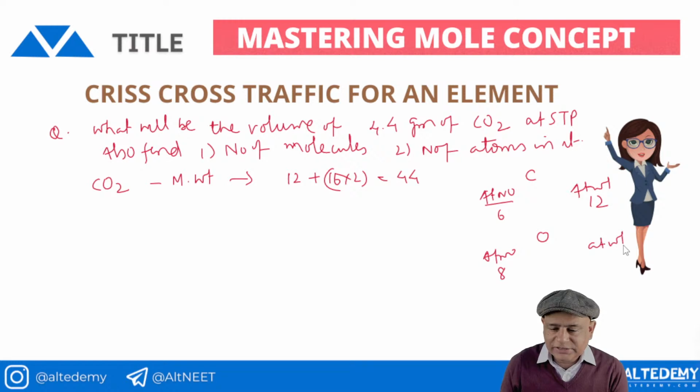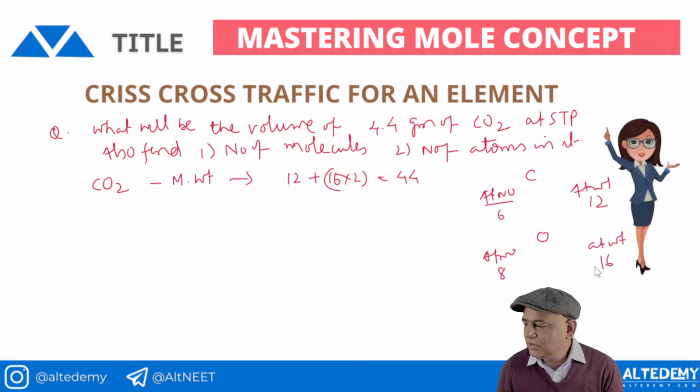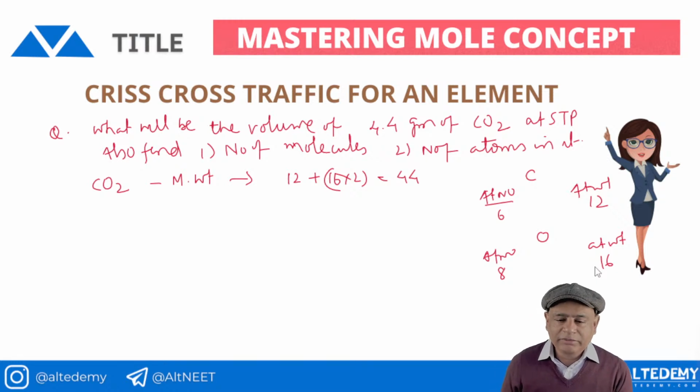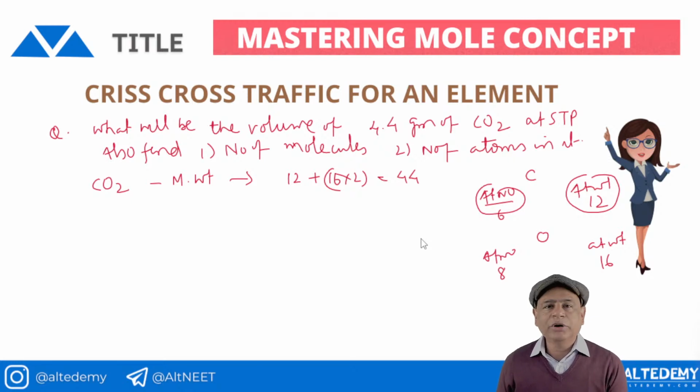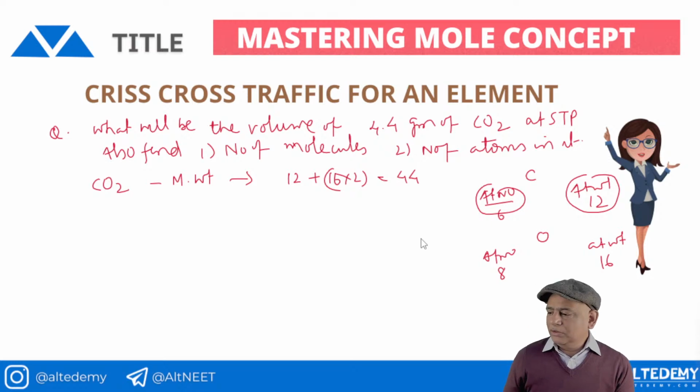Atomic weight is 16. Don't get confused between atomic number and atomic weight. Atomic weight is different, atomic number is different. Atomic number is the number of protons present in an atom. 44 is correct, right?